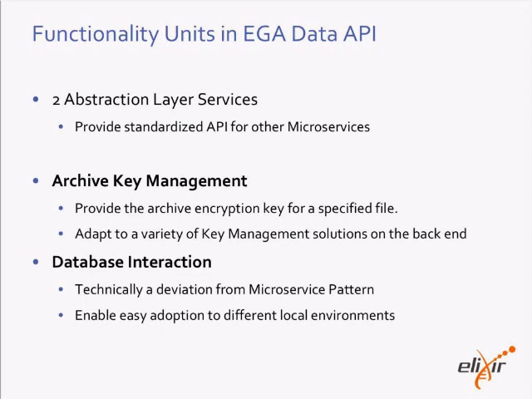One microservice merely abstracts the local key management service you have chosen so that it can provide a standard API that the rest of the services can use. Secondly, there are a few databases that contain information about files, file names, file paths, etc. Again, here I'm providing a standard API to the microservices, and on the back end, you can customize that to your local database installation. So these are just two services that improve the portability of this API.